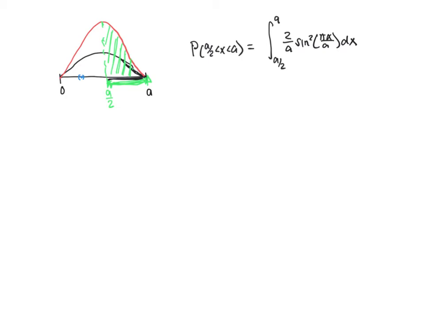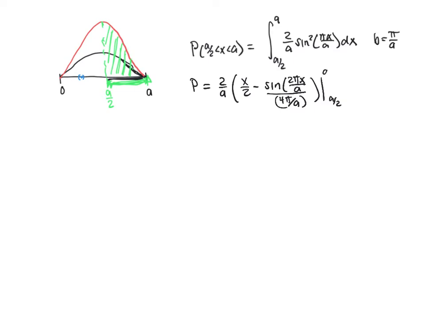Now I just have to do this integral. My probability is 2 over a, that's a constant that comes out. And then I've already looked up the integral from the integral table of sine squared bx. In this case, my b is pi over a, because that's what multiplies x. And so I end up with x over 2 minus sine of 2 pi x over a divided by 4 pi over a, and that whole thing gets evaluated from a over 2 to a.